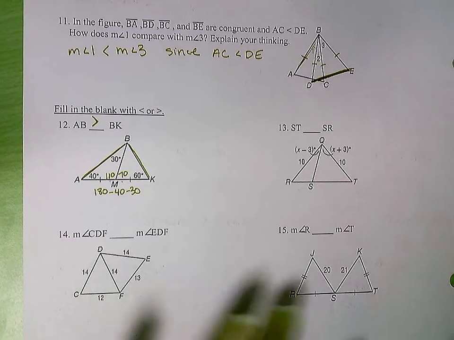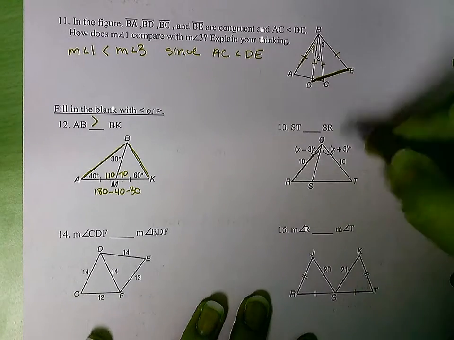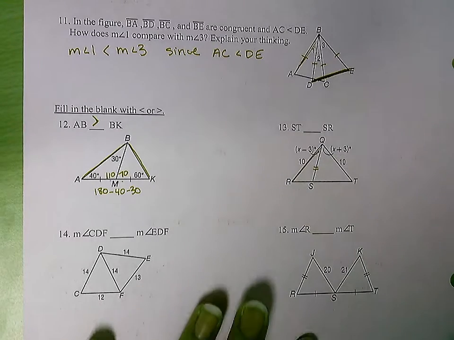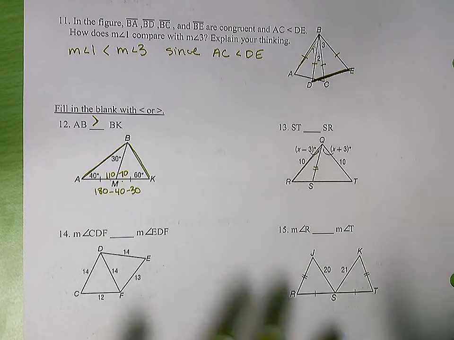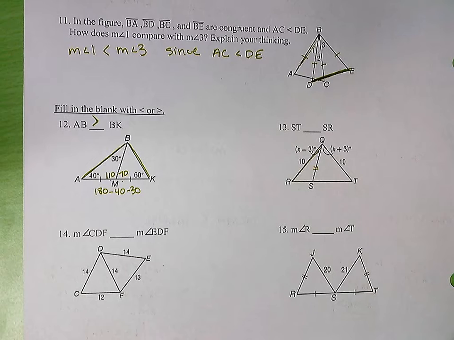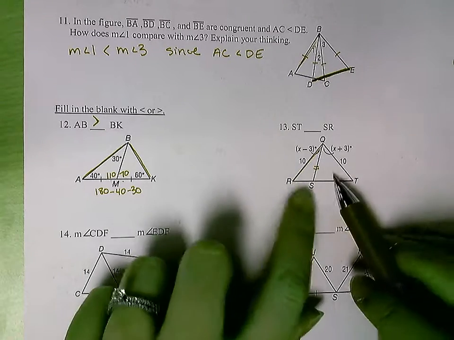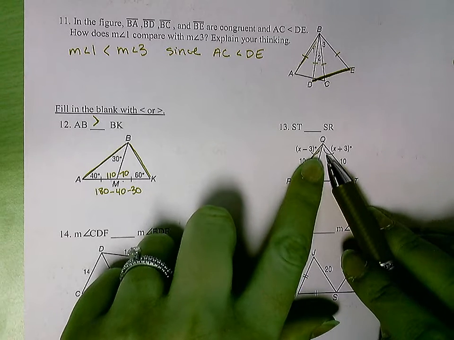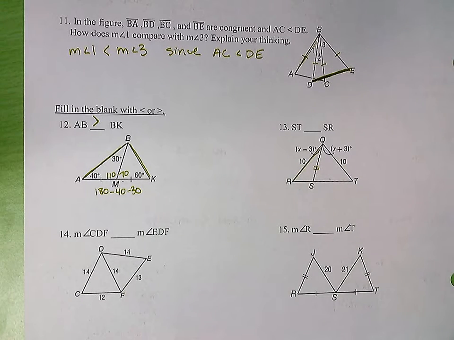Number 13, I have two sides here congruent, and the triangles share a side. Now I'm comparing side ST to side SR. So that means I need to look at these two angles. Well, there's an X for both of those angles, right? I don't need to solve for X in this problem.